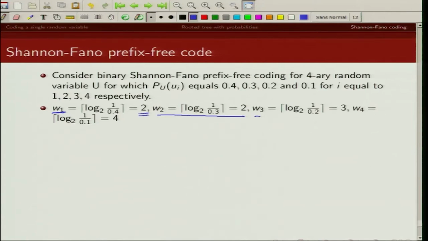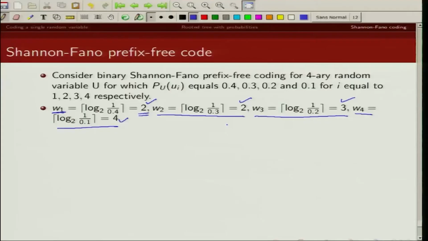Similarly, we can find the code word lengths for the other 3 ui's. So now we know the code word lengths of our prefix free code. If we know the code word lengths, we know from the algorithm that we talked about earlier how to map these code words of length W1, W2, Wk into a prefix free code.